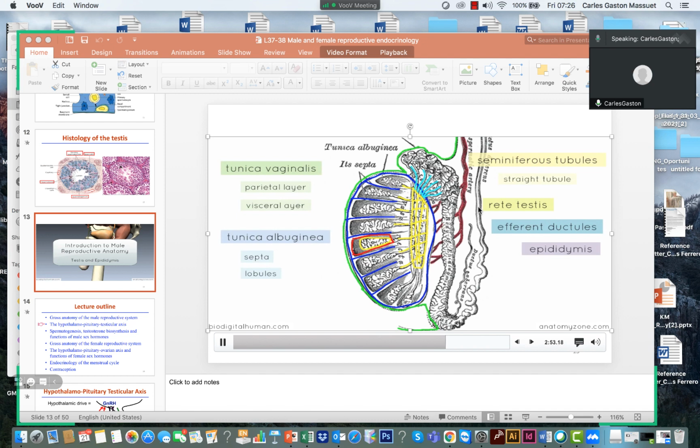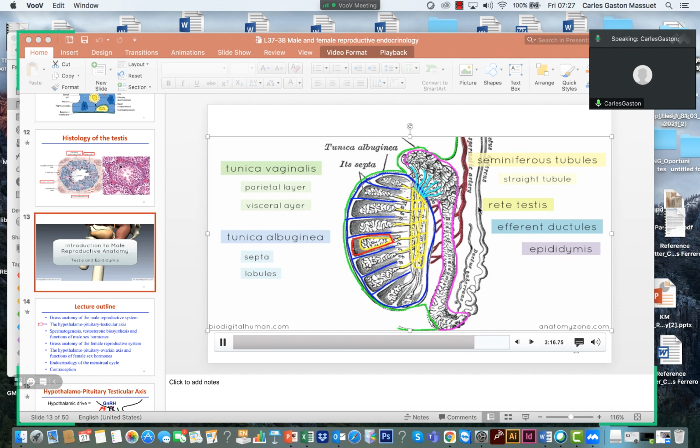So posteriorly on the testis, you've got the epididymis, which you can see that I've outlined in purple. What happens essentially is that you get these sperm cells which are secreted from the lining of the seminiferous tubules, and then they travel via this duct system which I've just described to be stored in the epididymis.